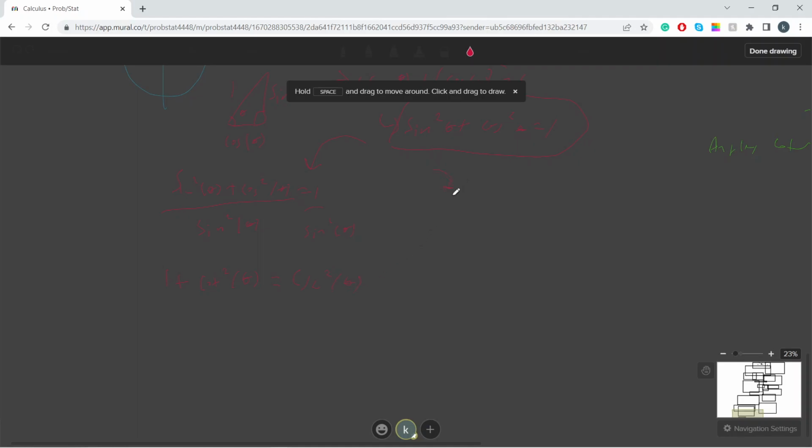And likewise, if you divide both sides of sine squared theta plus cosine squared theta equals 1 by cosine squared theta, we get that tan squared theta plus 1 equals secant squared theta.